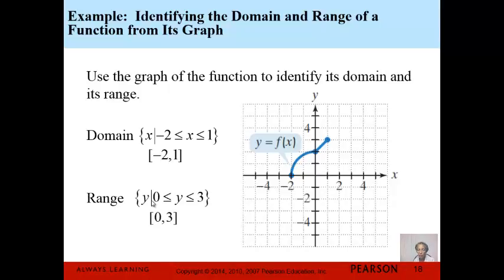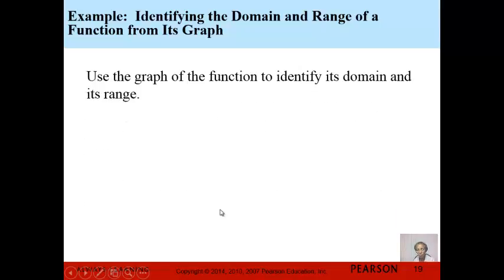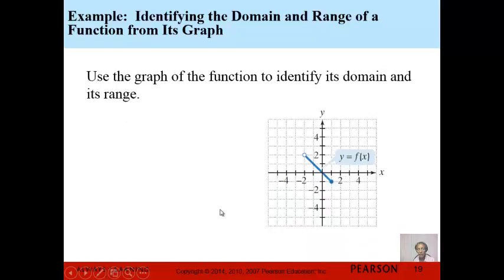Here's how I write that using interval notation. Notice the square brackets indicate the 0 and 3 are included. Let's do another example of this. There's our graph. First, let's do the domain.